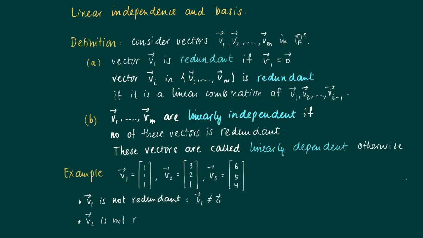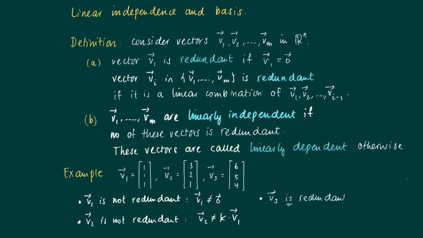Well, v2 is not redundant either, since v2 is not the zero vector and it's not a linear combination of v1 only. So it's clearly not a constant times v1.